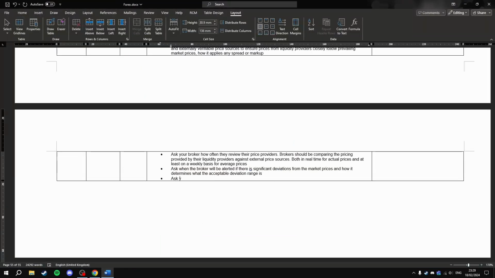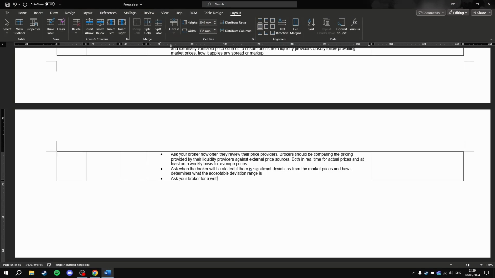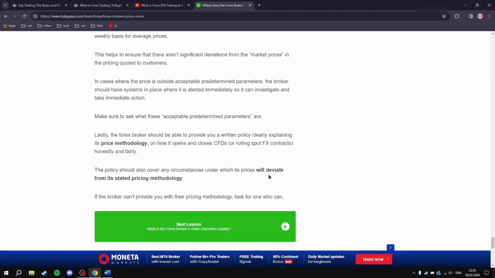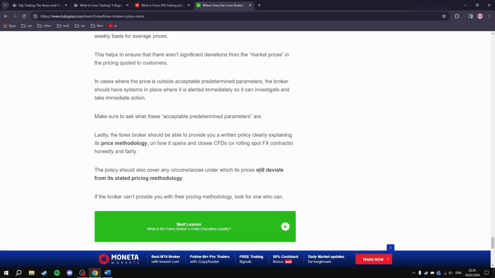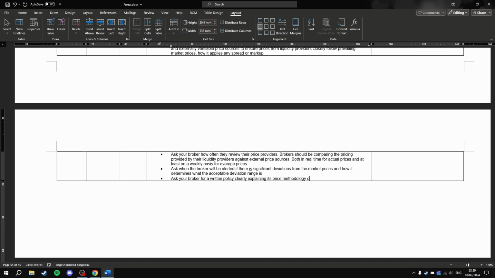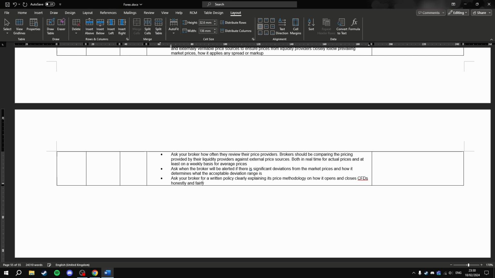Ask your broker for a written policy clearly explaining its pricing methodology on how it opens and closes CFDs or rolling spot FX contracts honestly and fairly.